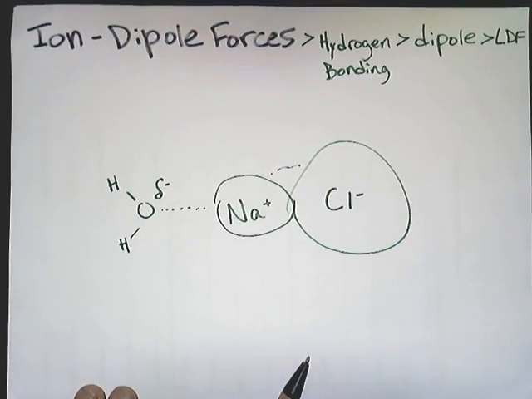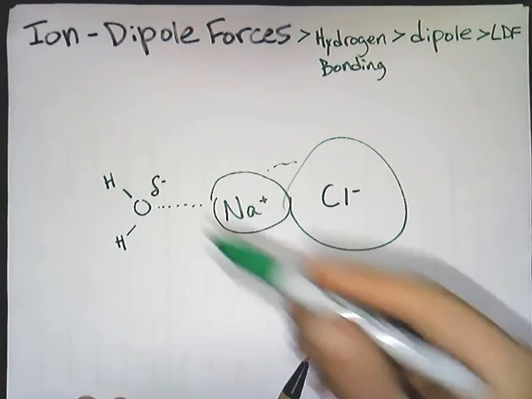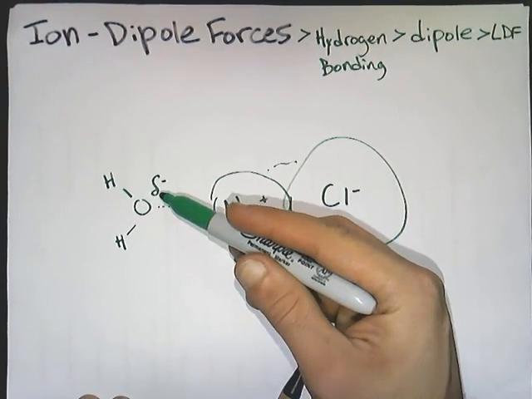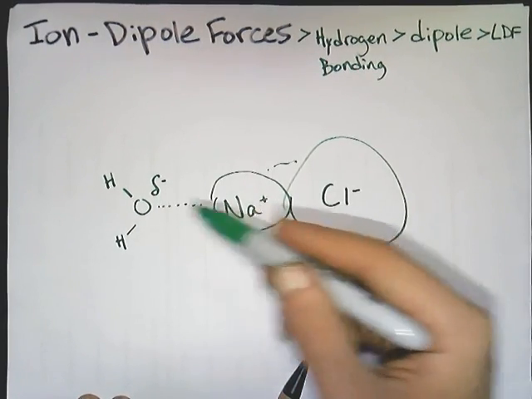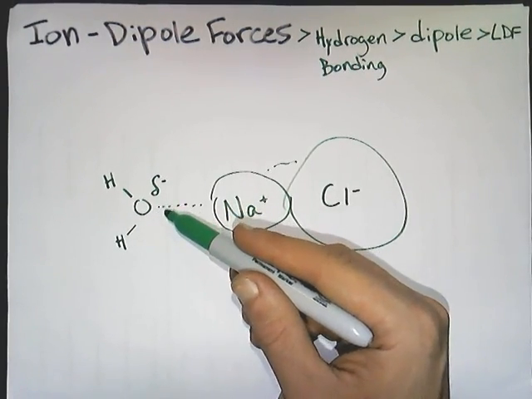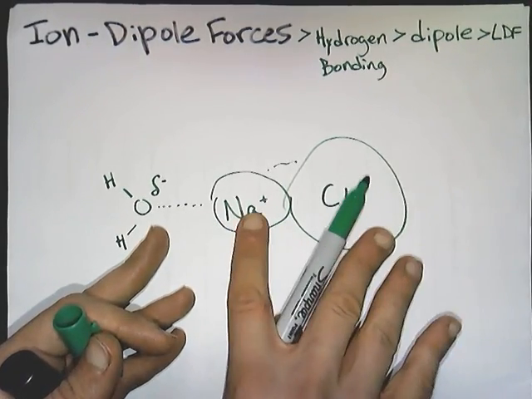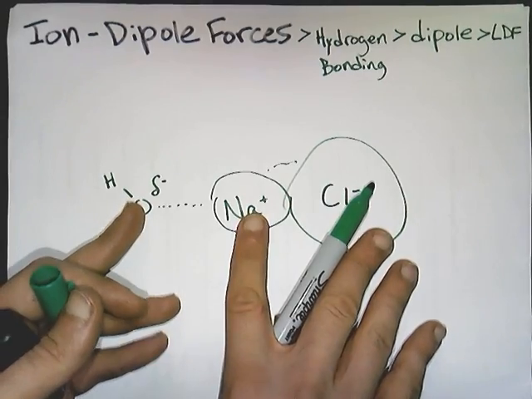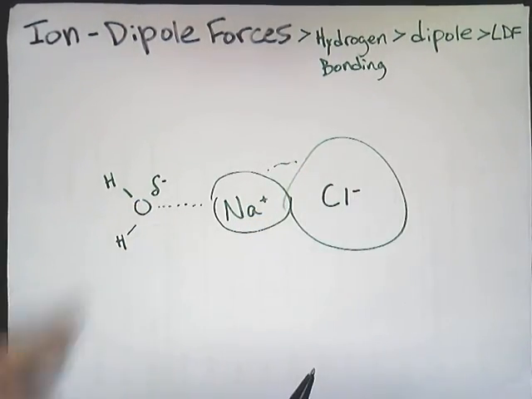Take a second to think about that. Hopefully the fact that we describe this as a partial charge clues you into the fact that there's less charge here. We've got one charge to one charge here and one charge to something like half a charge or less there. This is going to be weaker because there are full-blown charges pulling on each other here, while we have a partial charge pulling on the positive charge there. This is weaker than our ion-ion interaction.